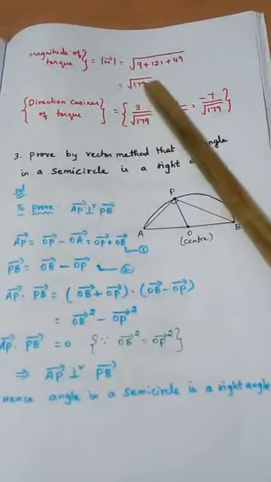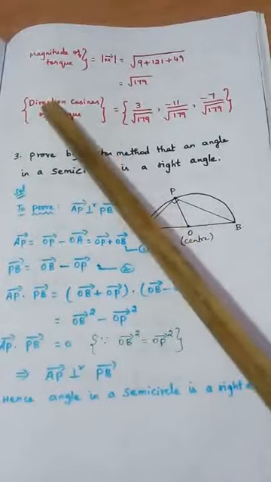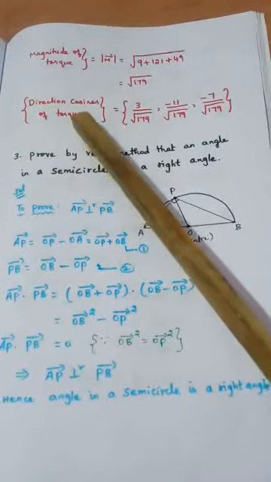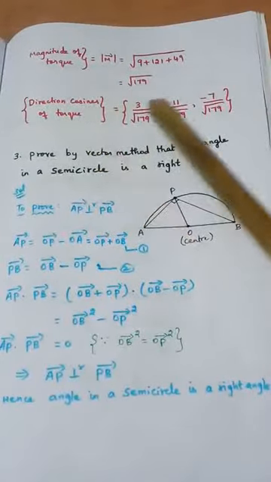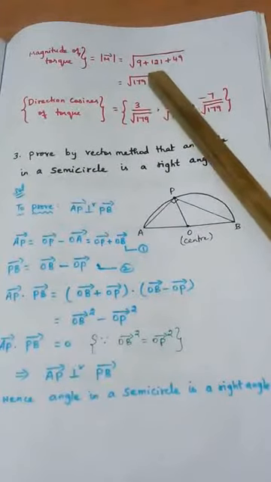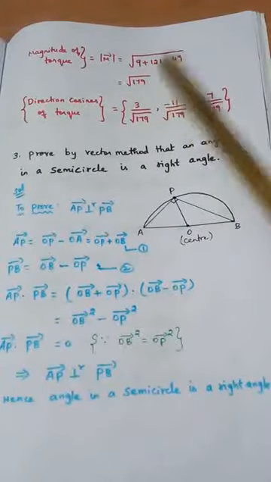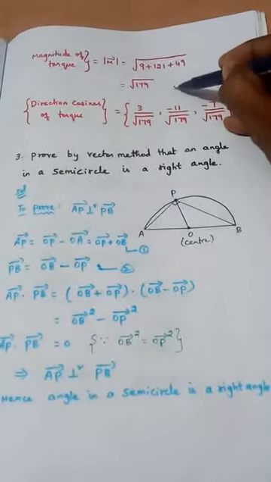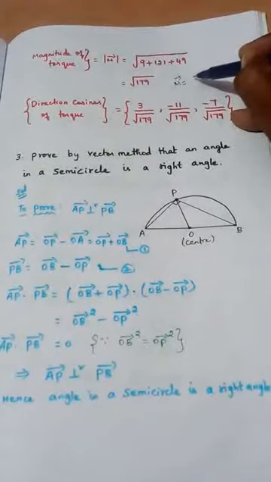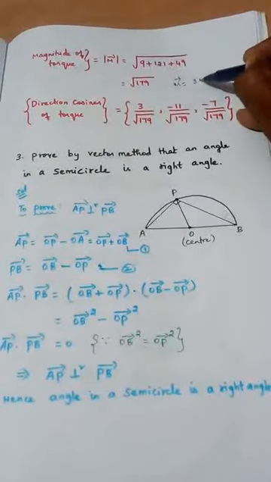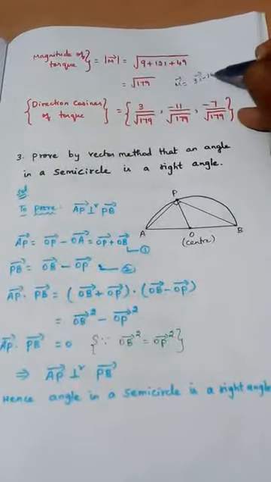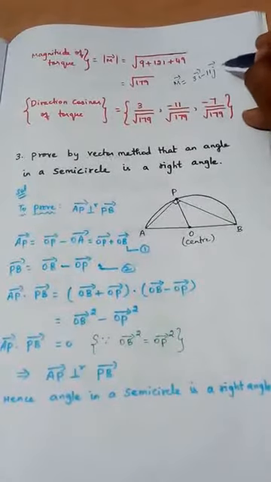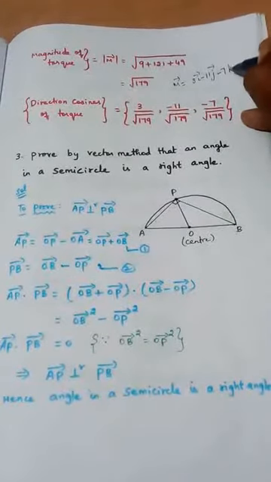So one we found out. What is the other question? Direction cosines of the torque. The meaning of direction cosine is that we should use the modulus that we have found. What is the torque value? M vector is equal to 3i minus 11j minus 7k vector.